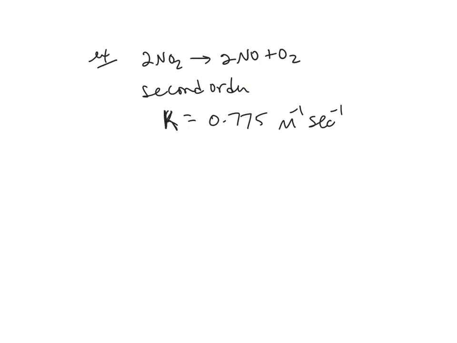Notice that K for first order in the last couple examples, the units were seconds to the -1. So if you have a rate constant second to the -1, you know it's first order. If it's second order, the units are going to be molar to the -1 second to the -1. If you're given those units, you know that you have a second order reaction.